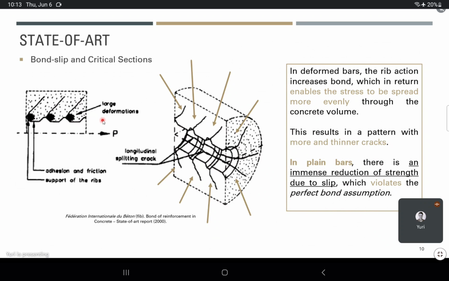Okay, and plain bars, on the other hand, especially due to the Poisson effect, where the bar shortens when we are tensioning, we don't see that development of full cracks, which means bars are not fully integrated with the concrete, and thus this violates the perfect bond assumption.